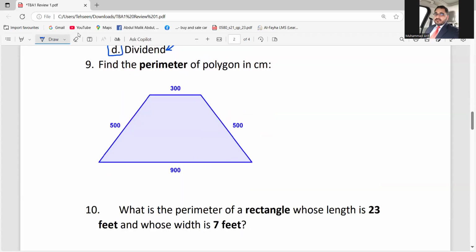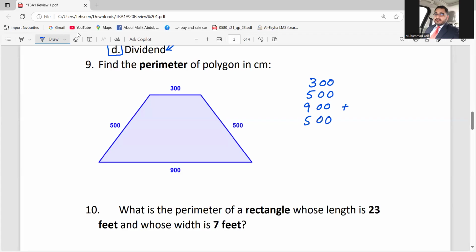Now, question number 9 is, find the perimeter of the polygon in centimeters. You know, perimeter is the length of the boundary line. As this polygon is a bounded figure, then it is the length of the boundary. As in the boundary, there are 4 sides. 300 plus 500 plus 900 plus again 500.